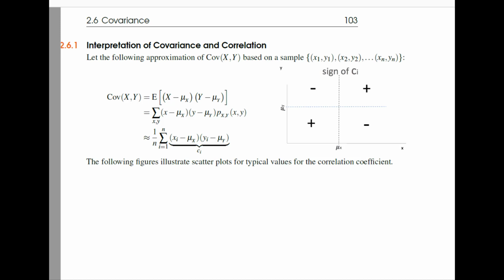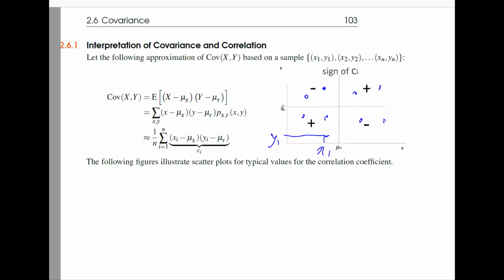We collect a sample, and a sample is just a collection of pairs of points, x1, y1, x2, y2, etc. Now, these points can fall anywhere in this graph. Let's say that's the case, right there. So let's say that's x1, that's y1.